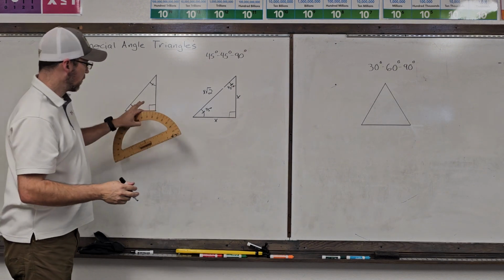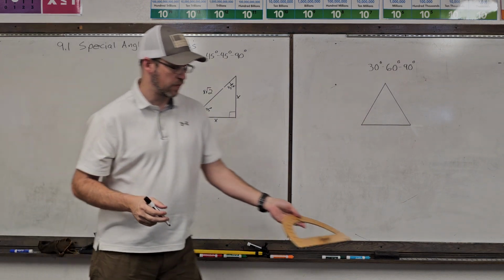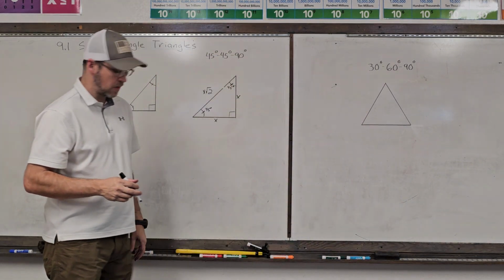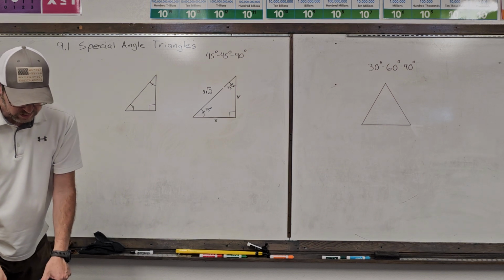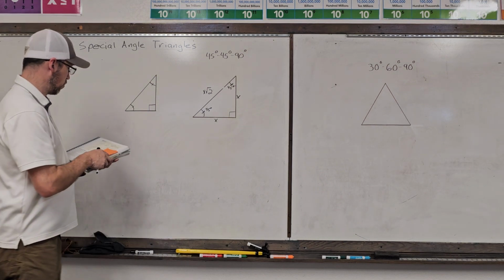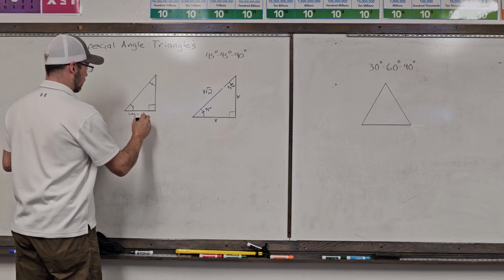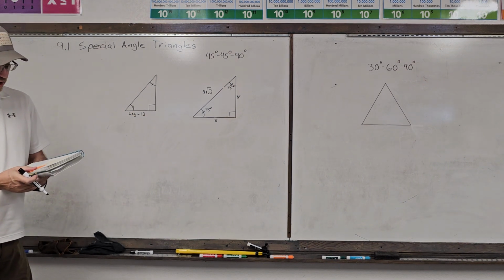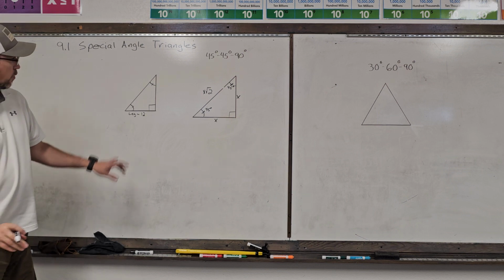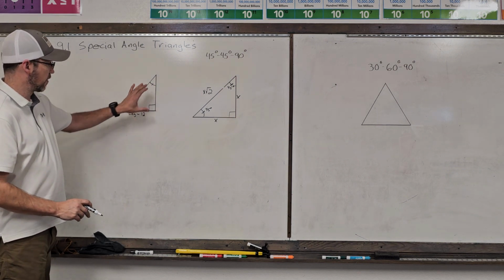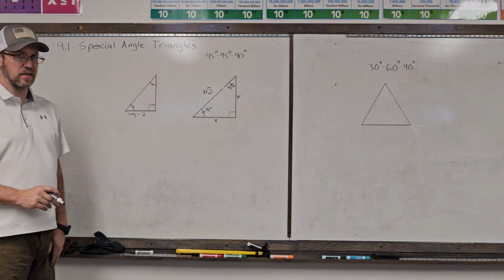That way, immediately we know this is a 45, 45, 90 triangle. It has to be. All right, so in the examples, it'll tell you that this leg is equal to 12, and it wants you to determine the length of the unknown sides in each triangle. So you have to identify what this side is and what this side is.